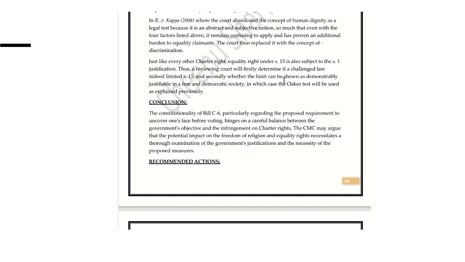If you analyze section 1 as well, then the examiner will know that you didn't get the requirement of the question. The requirement here is not to prove the burden of government. Section 1, the burden is on the government to justify their action. Here you are just justifying how CMC's two rights are getting infringed. Then you can give the conclusion.